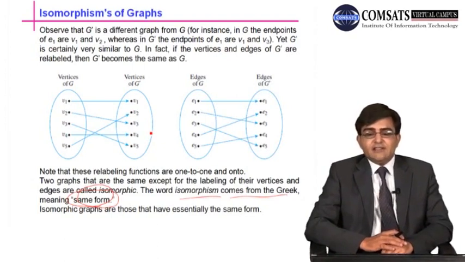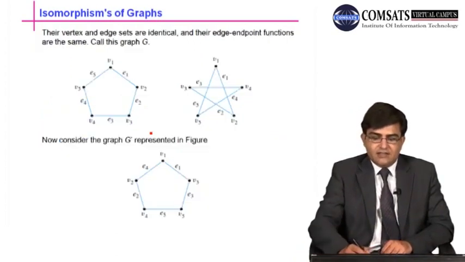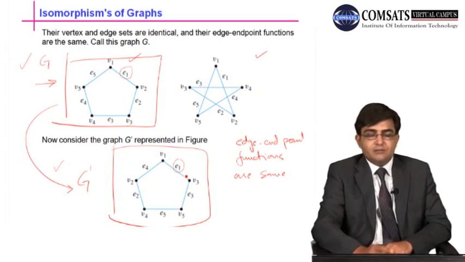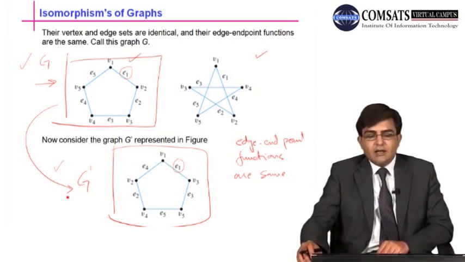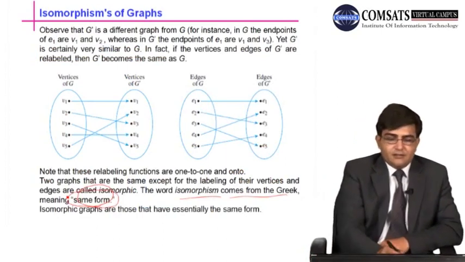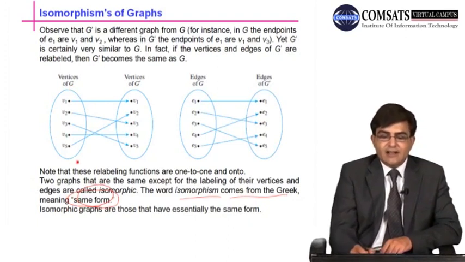In fact, if the vertices and edges of G dash are relabeled, if we change the labeling of this graph G dash, it will become G. So if we define a function between the vertices of G and G dash, we define one function from vertices of G to G dash.